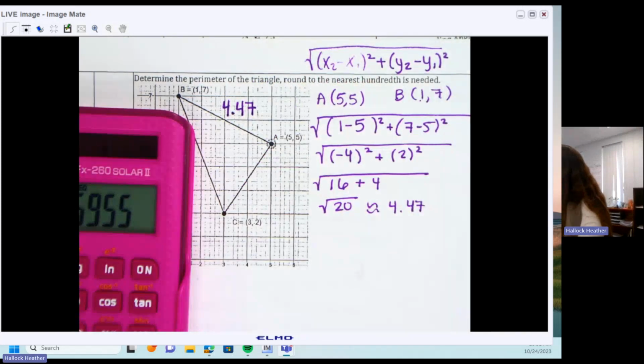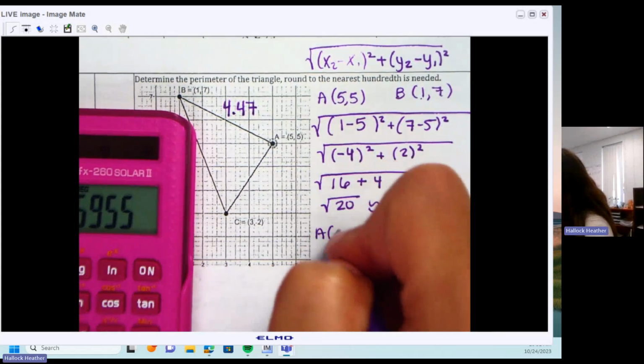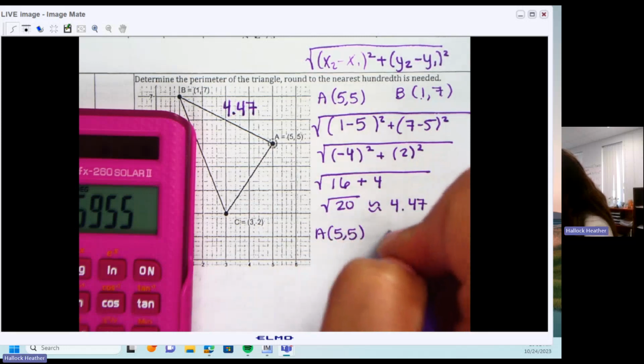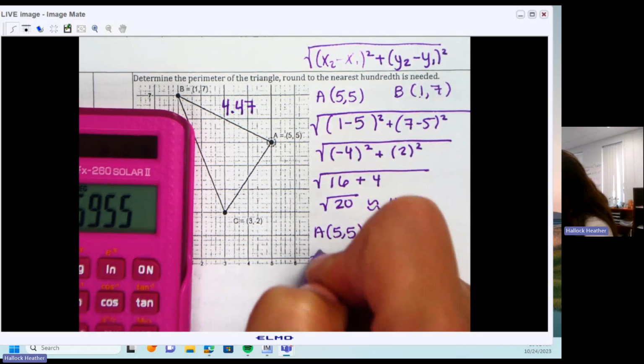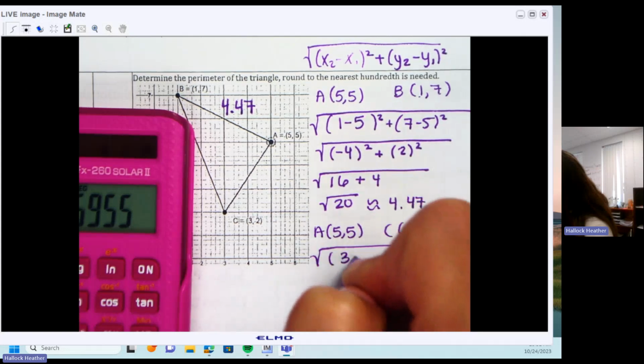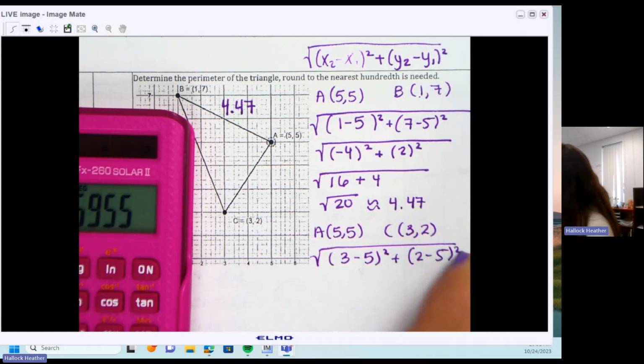I have to find the other two sides now. I'm going to use A, which is 5, 5, and C, which is 3, 2. I'm going to do the same thing over again. So I have 3 minus 5 squared plus 2 minus 5 squared.